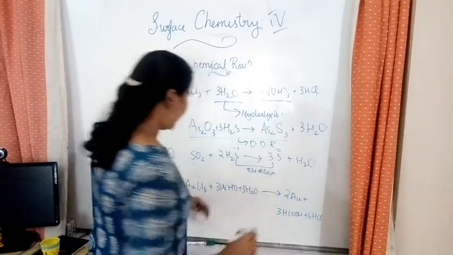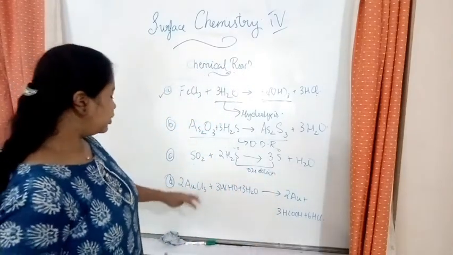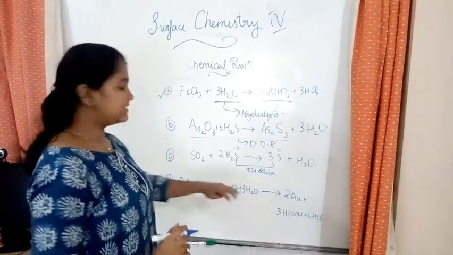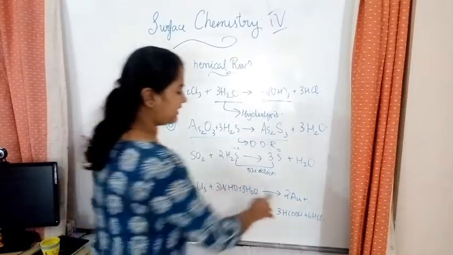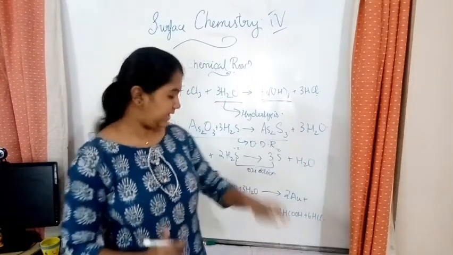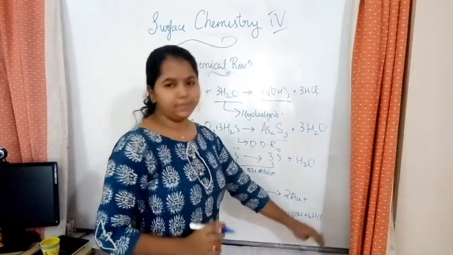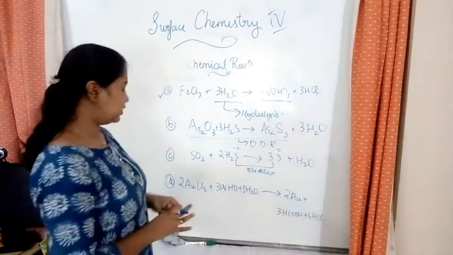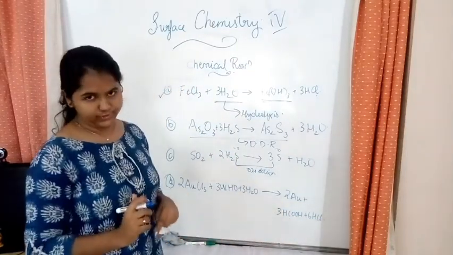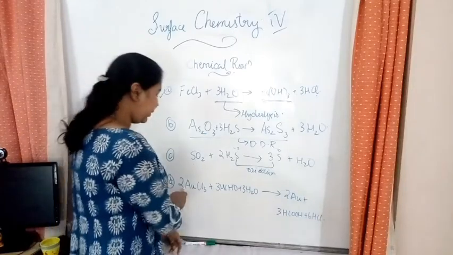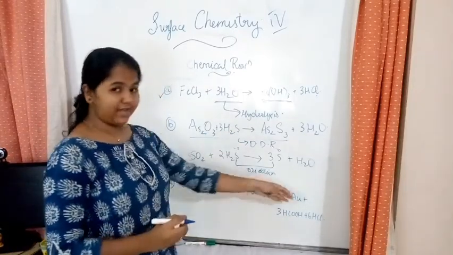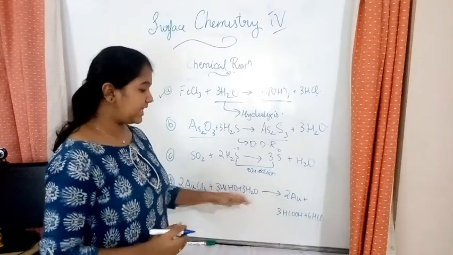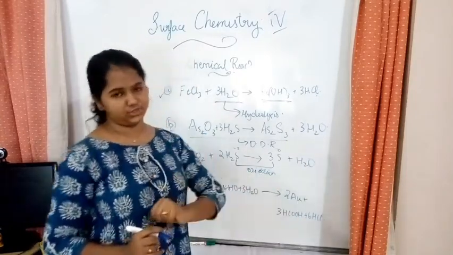Okay. And this one is, let's see, 2AuCl3 plus 3HCHO plus 3H2O would give rise to 2Au plus 3HCOOH plus 6HCl. So the next one is the preparation of gold sol.